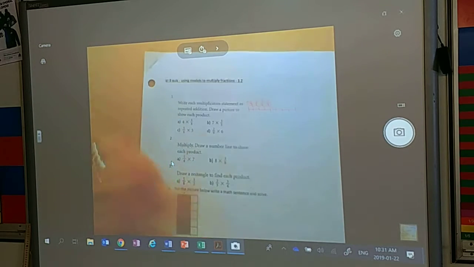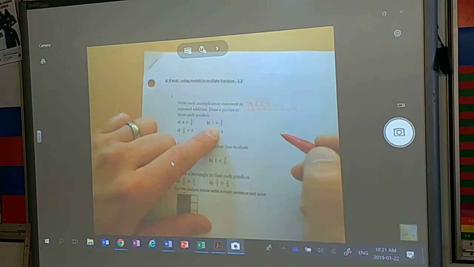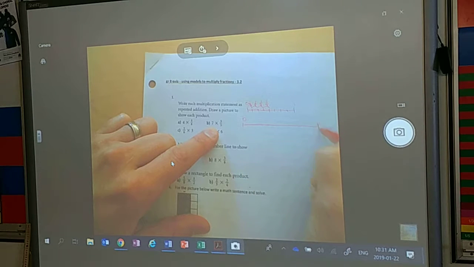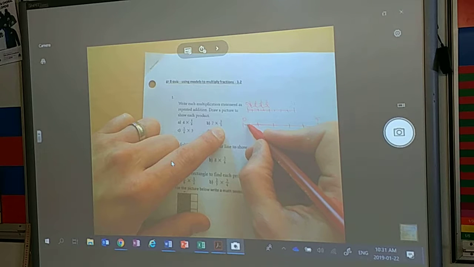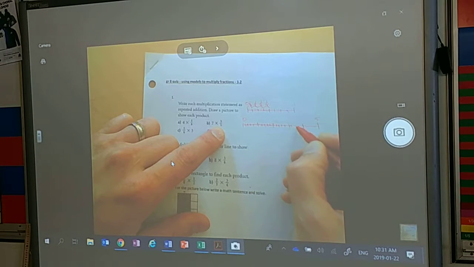So if I were to do another one, I would go 7 times 3/5. Well, I know 7 times 3/5 is going to be a little more than 4, so I'm going to go 0 to 5. Cut that up: 1, 2, 3, 4, 5. This is 3/5, so I know I have to divide these into fifths.